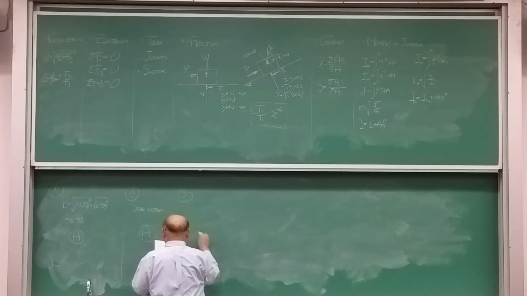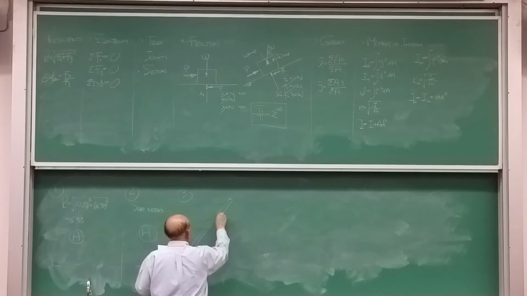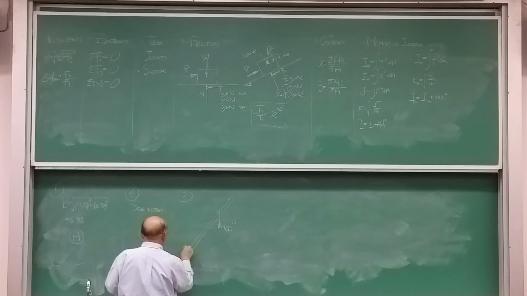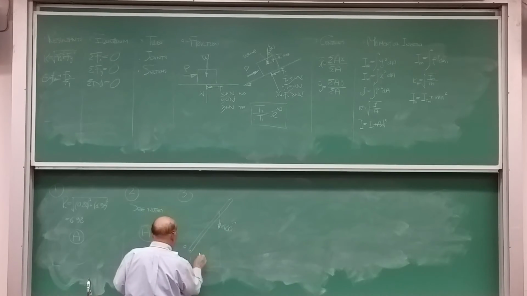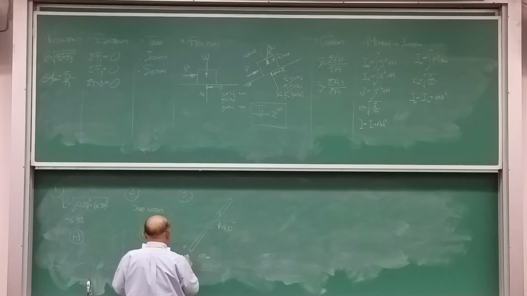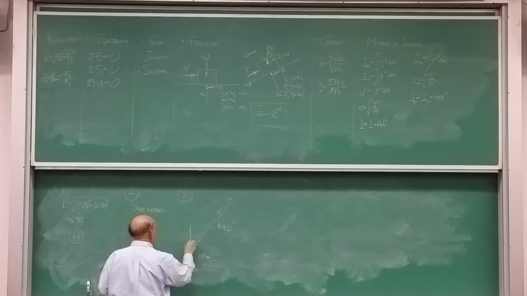Three. I have 400 newtons, and this is a point O. The distance from here to that is 150 millimeters. Replace this one by a couple at O. I add 400, I subtract the 400.